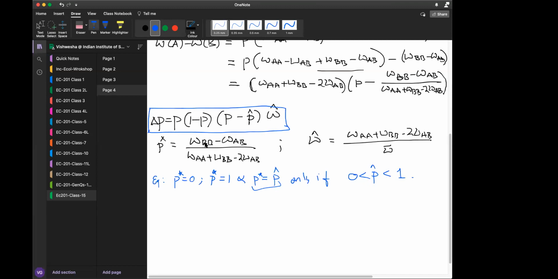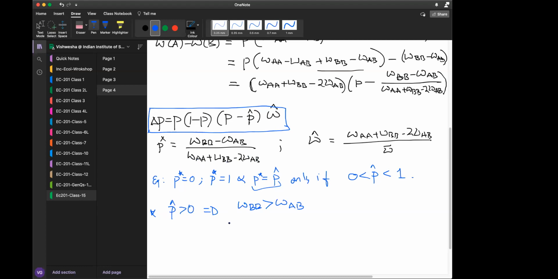So the condition we need is that P hat greater than 0 implies that omega BB is greater than omega AB, right? In addition, this entire thing must also be positive. What does that mean?